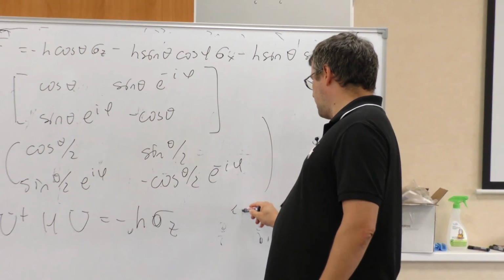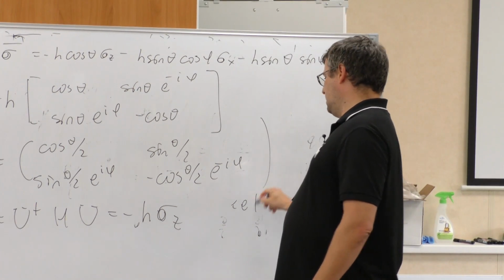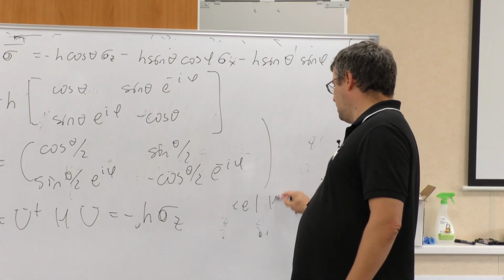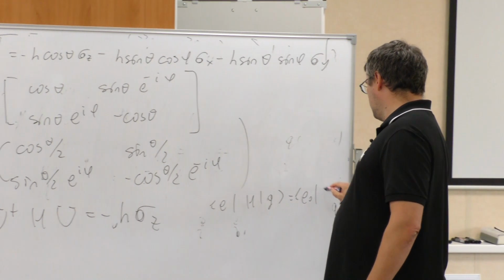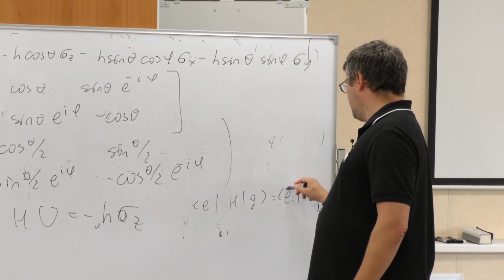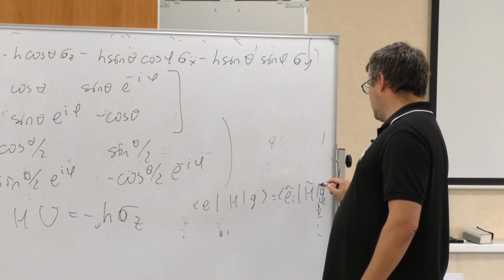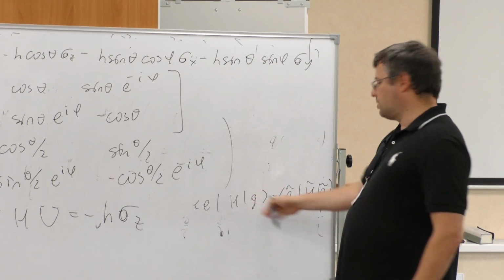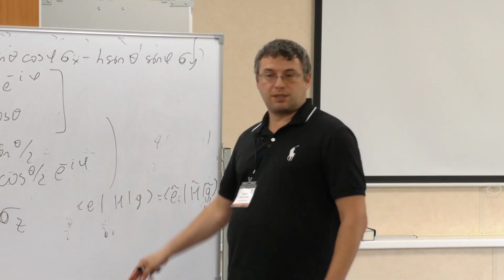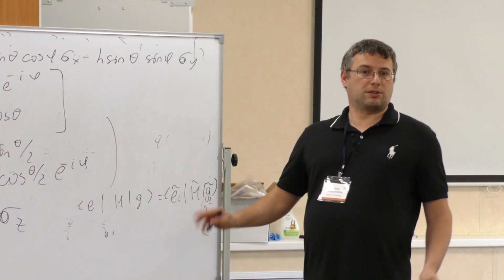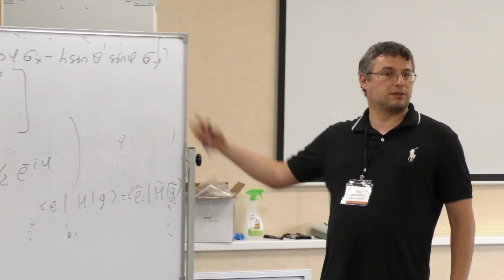And again, it's very easy to see. If you consider, for example, the matrix element of E, the excited state, and G, the ground state, E H G, it should be equal to E tilde H tilde G tilde. Well, it should be 0, but for any matrix elements, they should not depend on the basis. This is what enters physical phenomena.